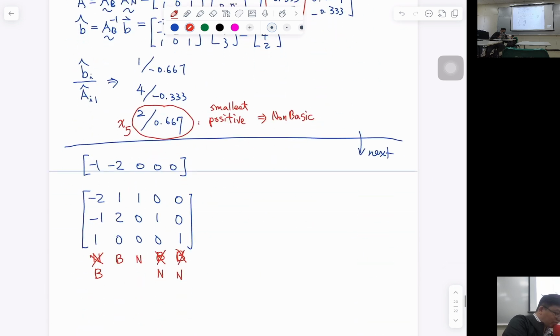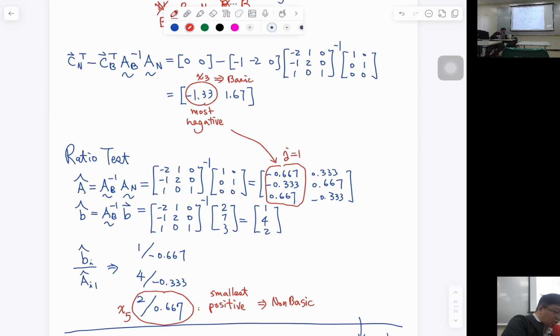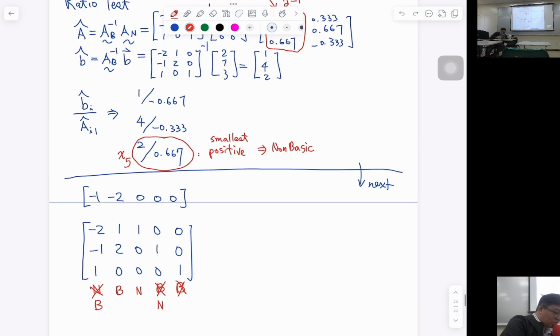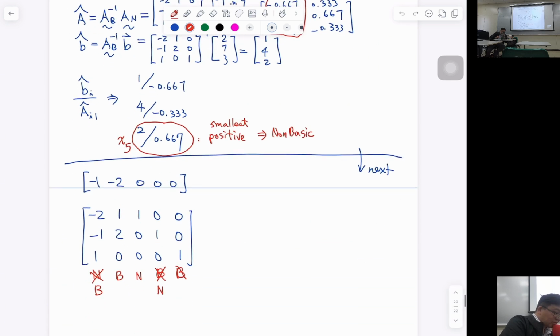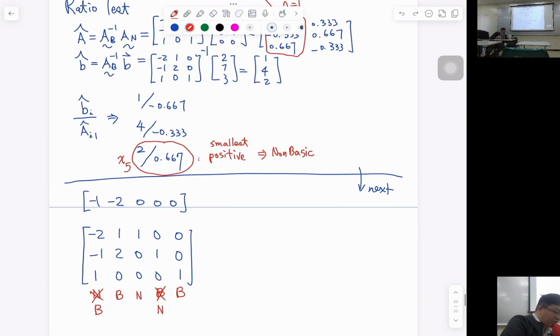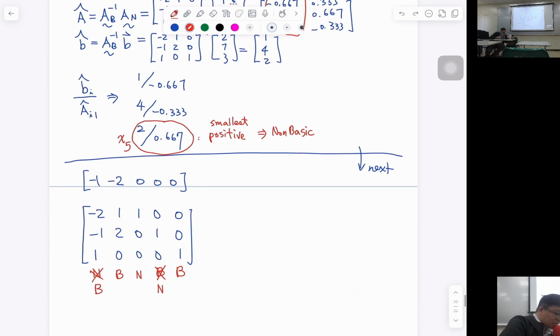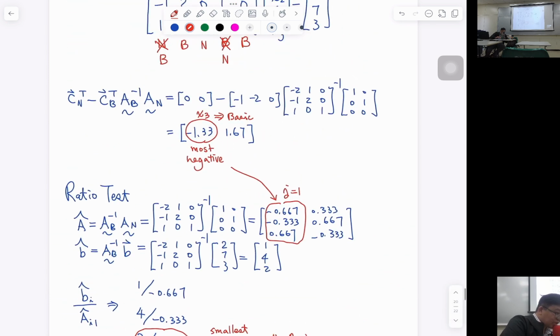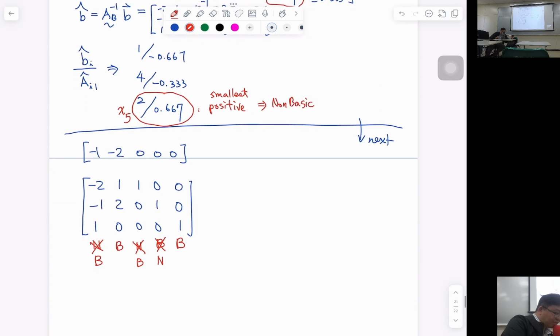X3 becomes, oh, hold on. I did it wrong. Oh yeah. The first basic becomes non-basic. So this one, the first one. This one becomes basic. And the last basic was this one.